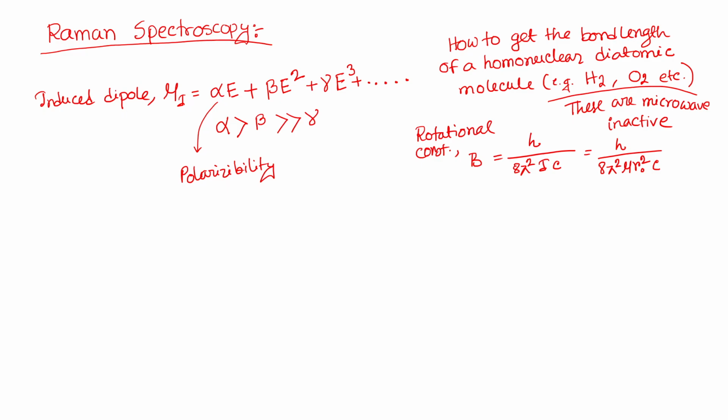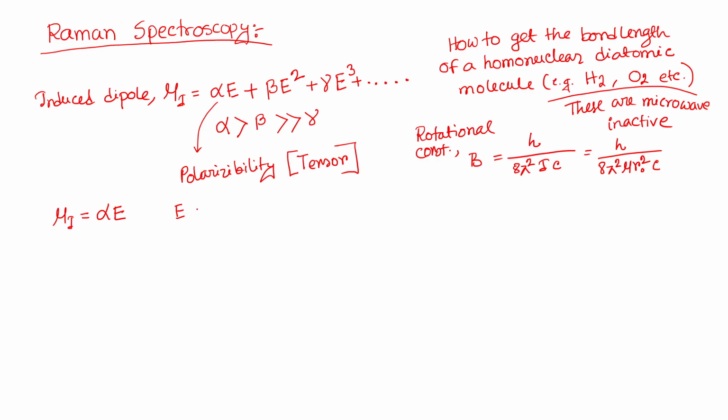But for now, let us go with mu I equal to alpha E, and this polarizability is actually a tensor. A tensor is nothing but an array or matrix. Sir has discussed this, so I am not going into much detail because I am going to show you only the quantum mechanical treatment. So for now, we are only going to take the induced dipole mu I as alpha E.